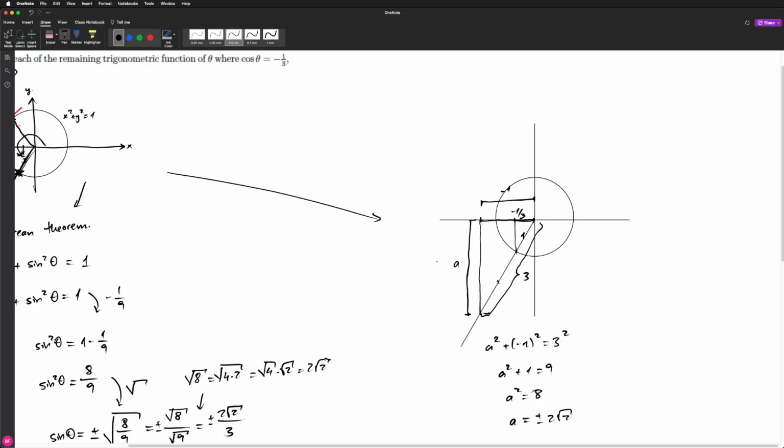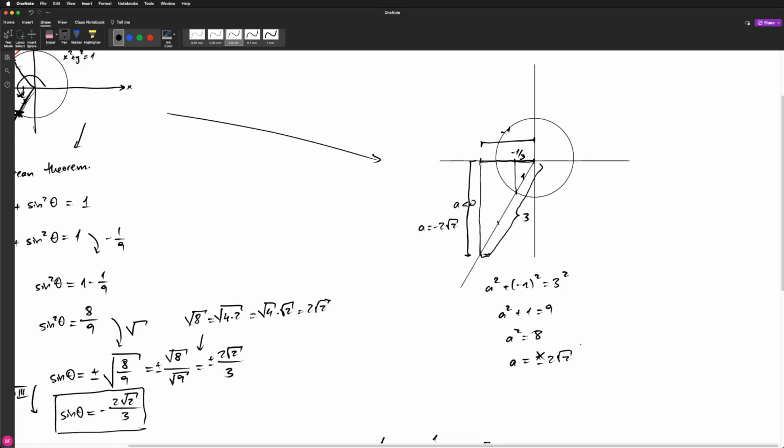Since I know a is negative, I'm going to go with negative 2 root 2. And then I can shrink a, make it 3 times as short as before, because I made my triangle 3 times as big to not deal with fractions. Over 3. And then from here on, the solution would be the same once you have cosine theta and sine theta. That's all I want to say about this question.